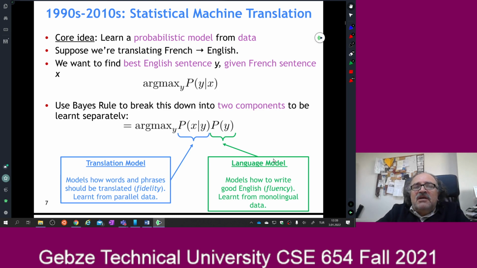So the core idea is this: develop a probabilistic model from data. That means if you have the data between French and English, and we have such data, for example the Canadian Parliament. There are two official languages in Canada, French and English, and all the Parliament documentation has to be kept in two languages.